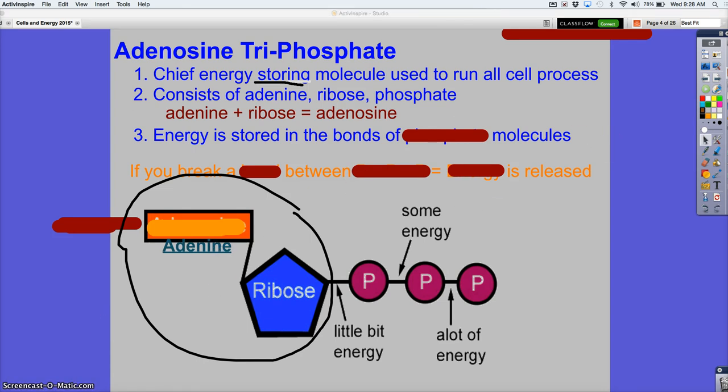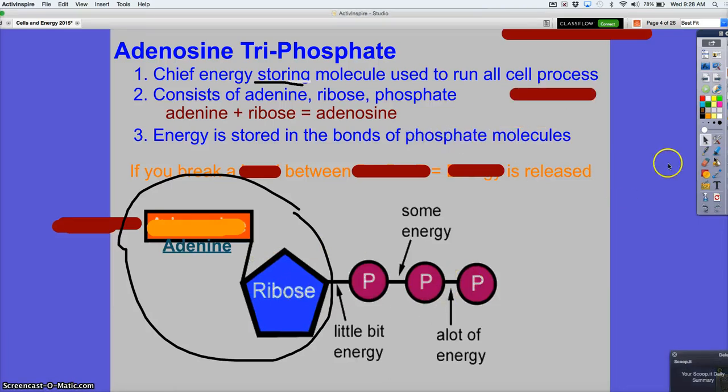If you look at my diagram down here, where's the energy stored? In the phosphates. It's in the bonds of the phosphates. You see these lines? Those are bonds that hold the phosphates together, and they house this energy.